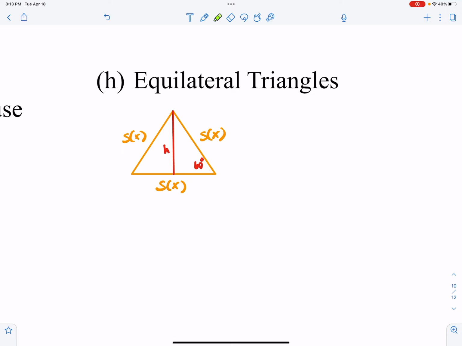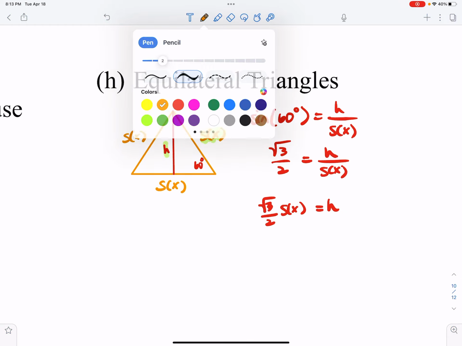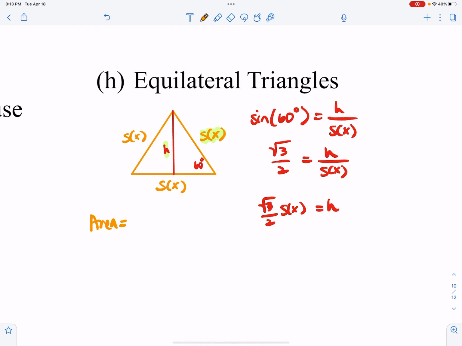And then we can go, okay, well, opposite over hypotenuse. That's sine of 60 degrees would be h over s of x. Sine of 60 degrees is root 3 over 2. So h would be equal to root 3 over 2 times s of x. So the area of each equilateral triangle would be 1/2 base times height.